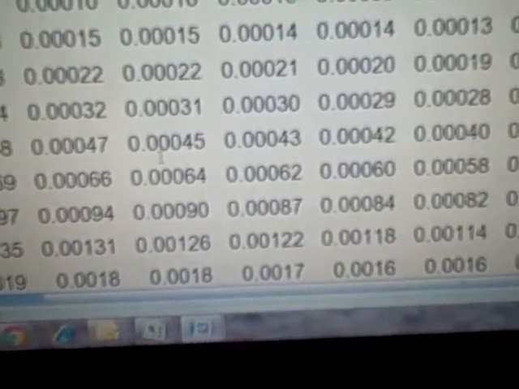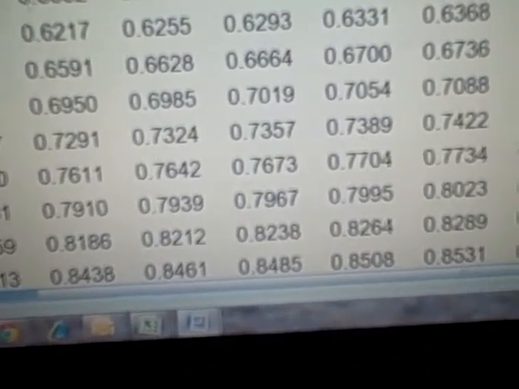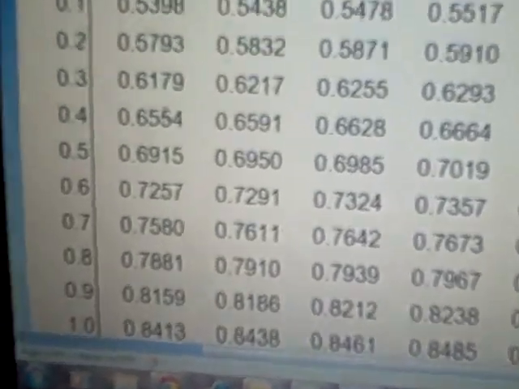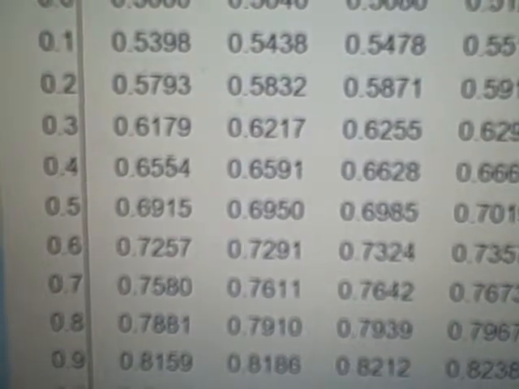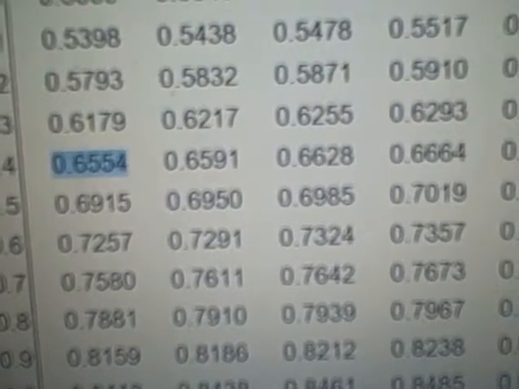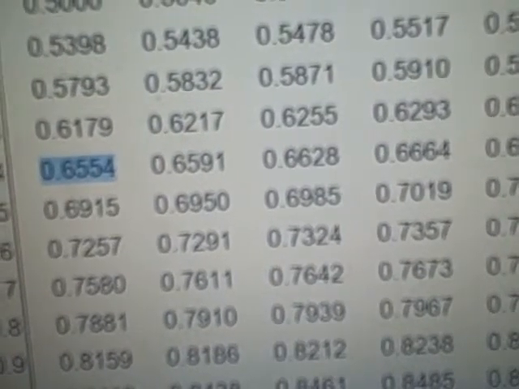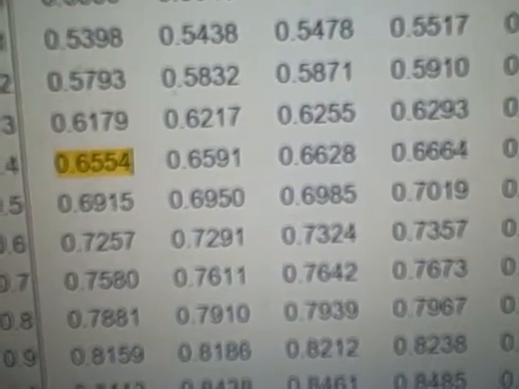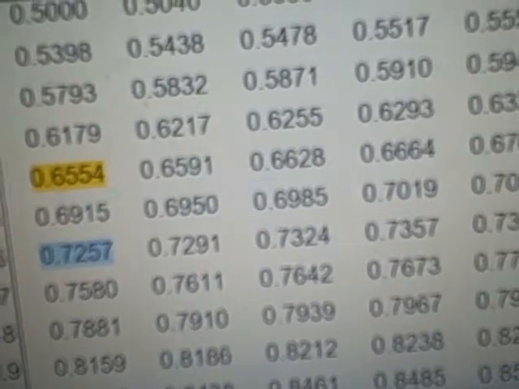We want probability z is less than 0.4, it's 0.6554. There it is, that's the number. Okay. And for 0.6, we'll look that up also.